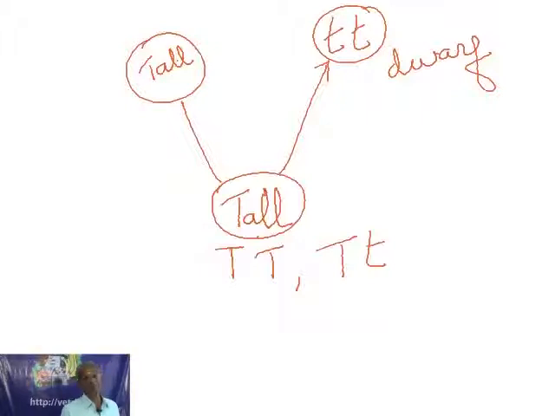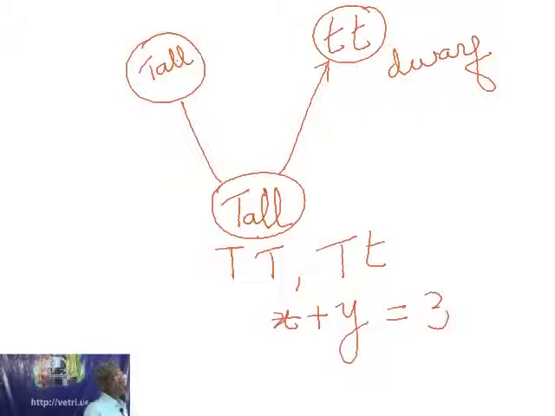In mathematics, in a simple language, it is an equation of two unknowns. See, you write x plus y is equal to 3. Find out the value of x and y. If somebody is telling that, he should be a fool.